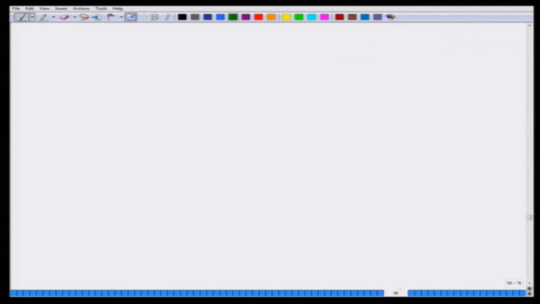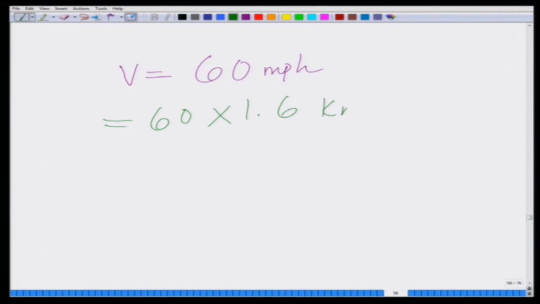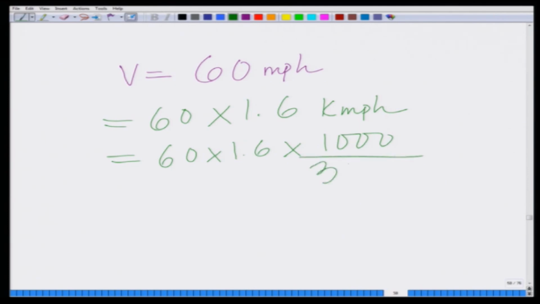For this purpose, now look at the following. I have the velocity equals 60 miles per hour, which is equal to 60, because 1 mile is 1.6 kilometers roughly. This is 60 into 1.6 kilometers per hour, which is equal to 60 into 1.6 into 1000 meters divided by 3600 seconds, which is basically equal to 26.8 meters per second.